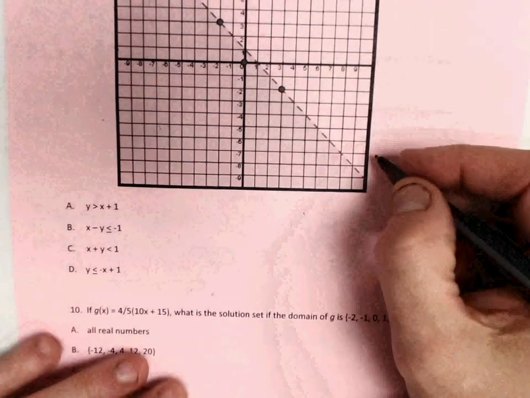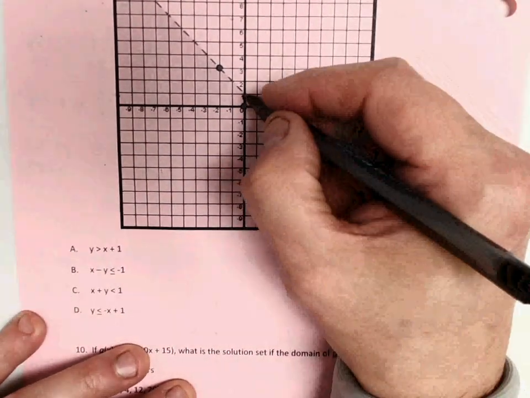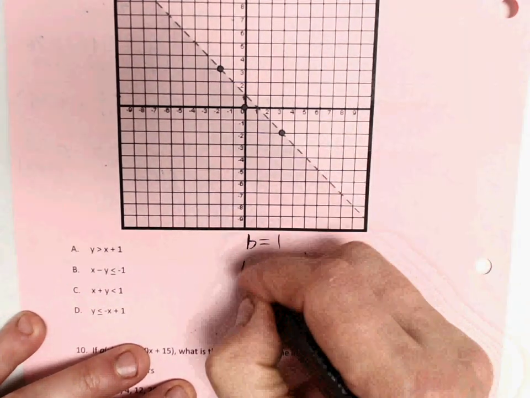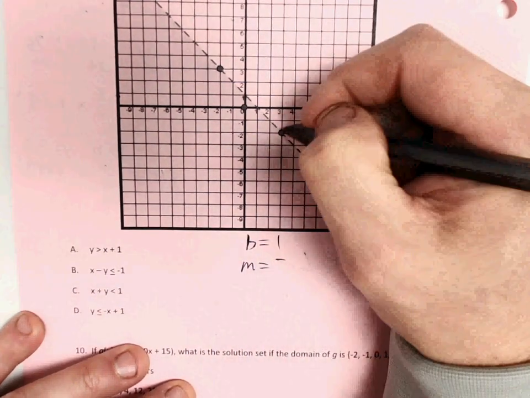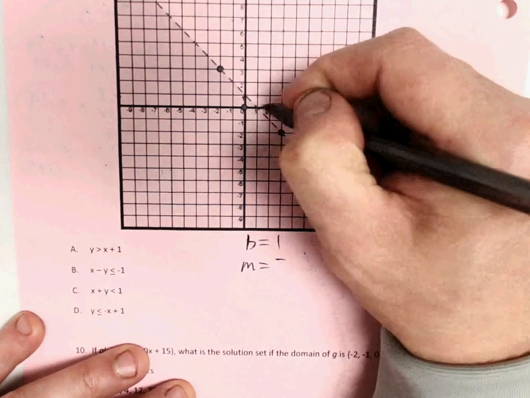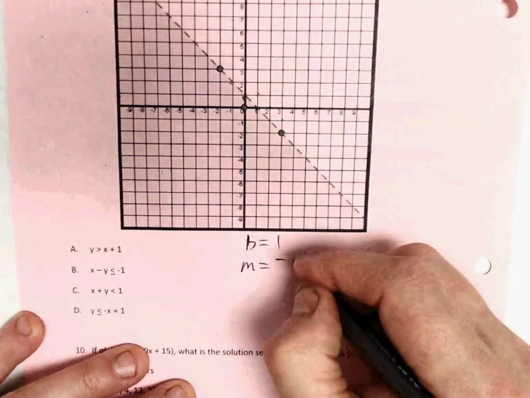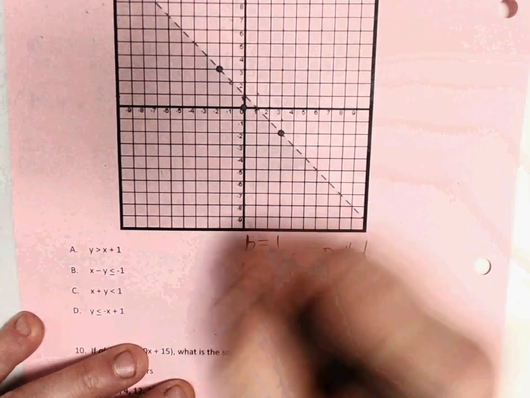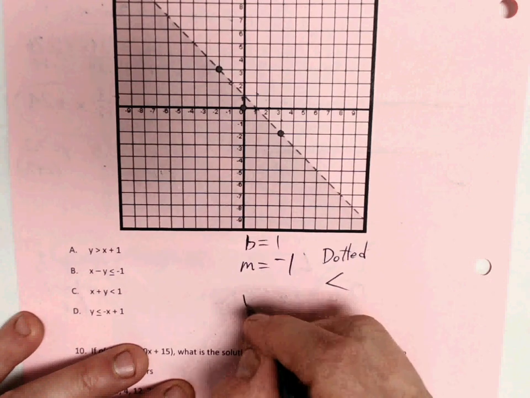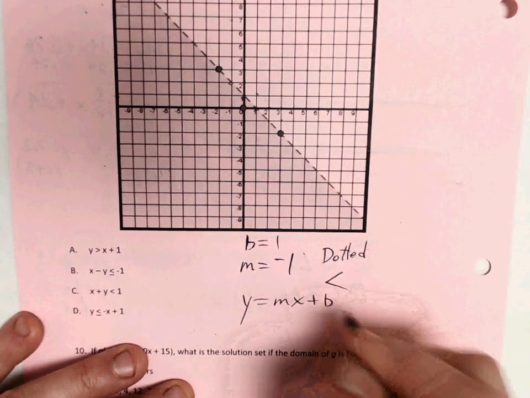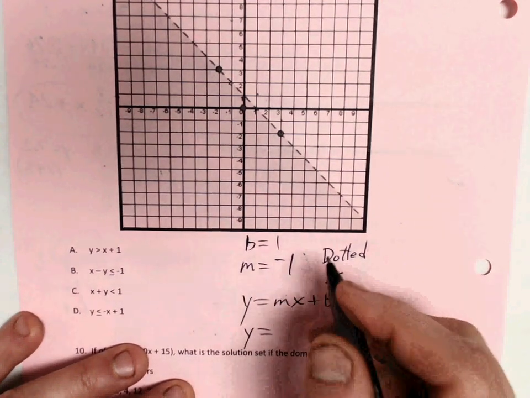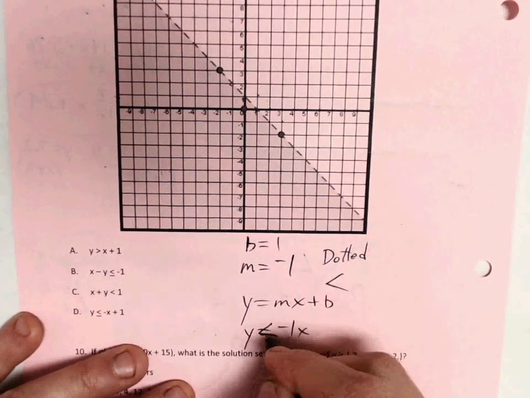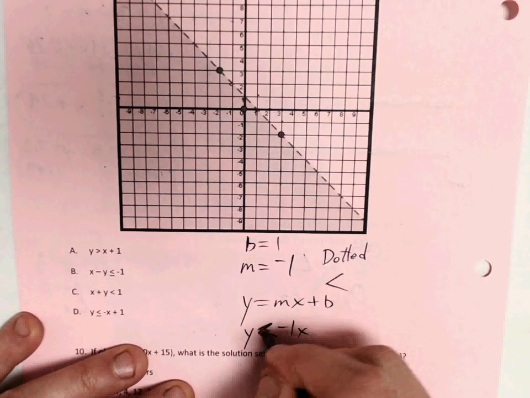Alright, this guy right here has a y-intercept of 1. It has a negative slope. I go up one, left one, up one, left one, up one, left one, up one, so a negative 1. It is dotted and it is shaded below, so I'm going to use that. So y equals mx plus b becomes y equals negative 1x. I'm sorry, and that should be a less than symbol because we were making an inequality.